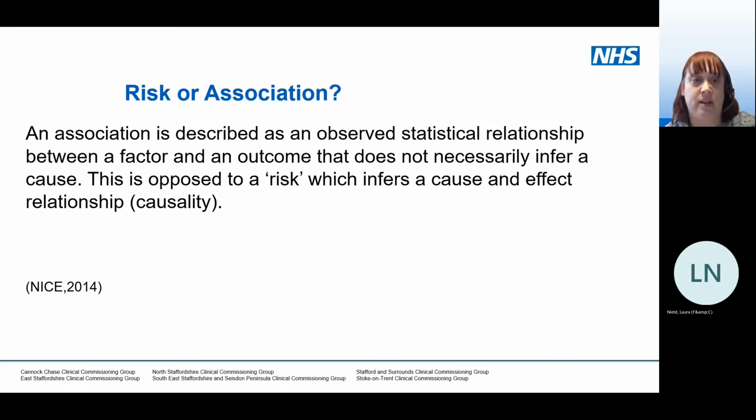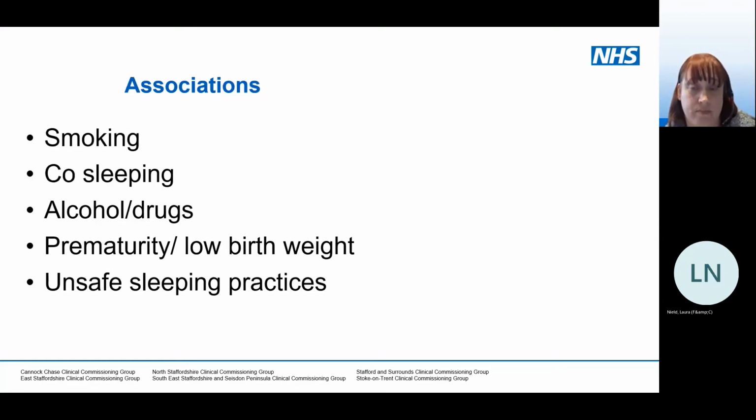So when we're looking at SIDS, we've got associations. These are things that are seen in babies that have died of a sudden infant death, but we can't attribute them directly: smoking, co-sleeping, parental alcohol or drug use, prematurity or low birth weight, and unsafe sleeping practices.